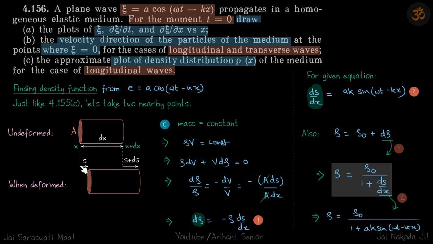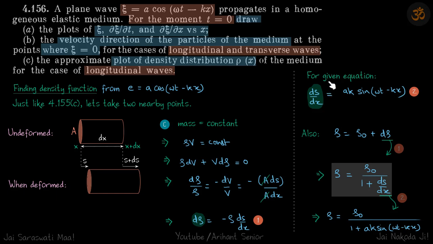This particle moved by s, this particle moved by s plus ds. So the net change in volume of the cylinder will be ds into cross-sectional area A. So dv will be ds into A, and initial volume v is A into dx. So this becomes minus ds by dx. Our relation is d rho equal to minus rho ds by dx.